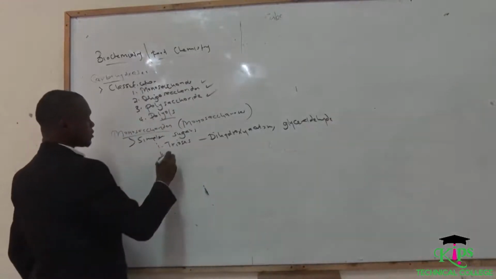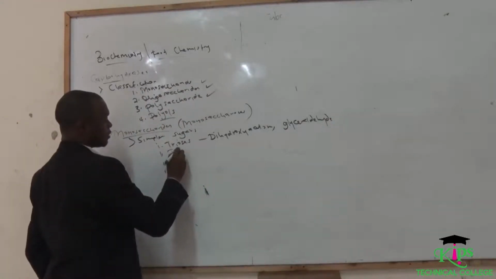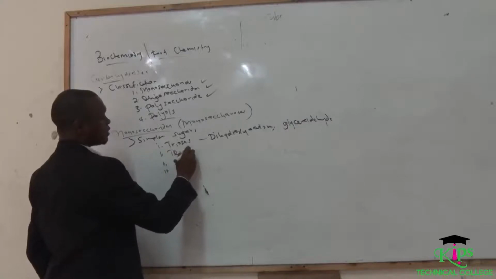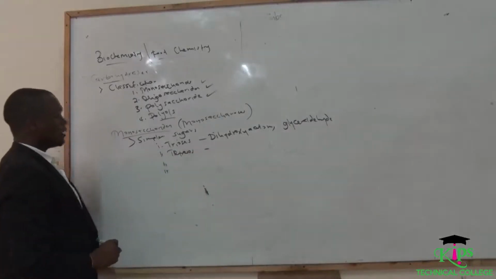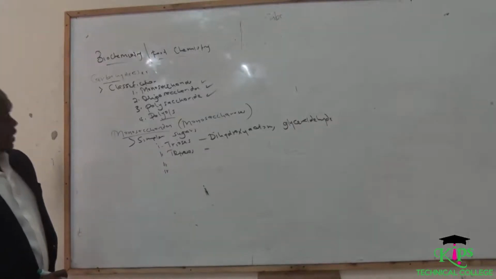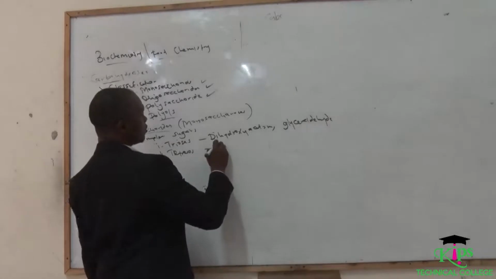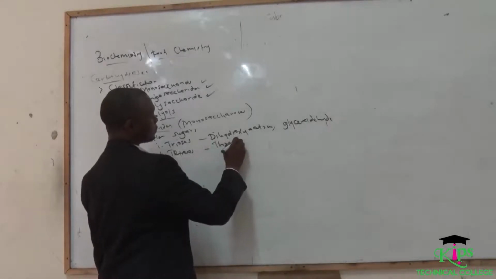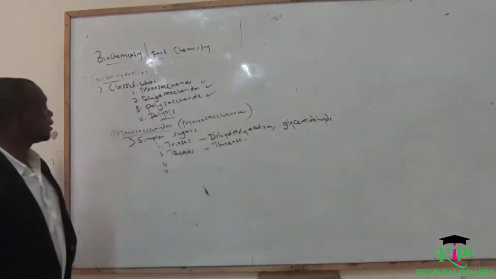Then we have tetroses. Now these ones, as the name suggests, tetra means 4. They have 4 carbon atoms. And the example we have here is the triose sugar.